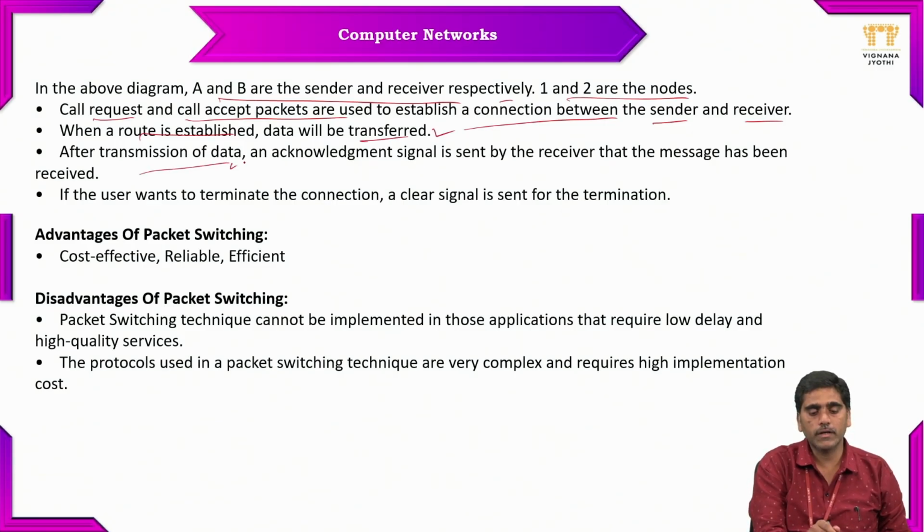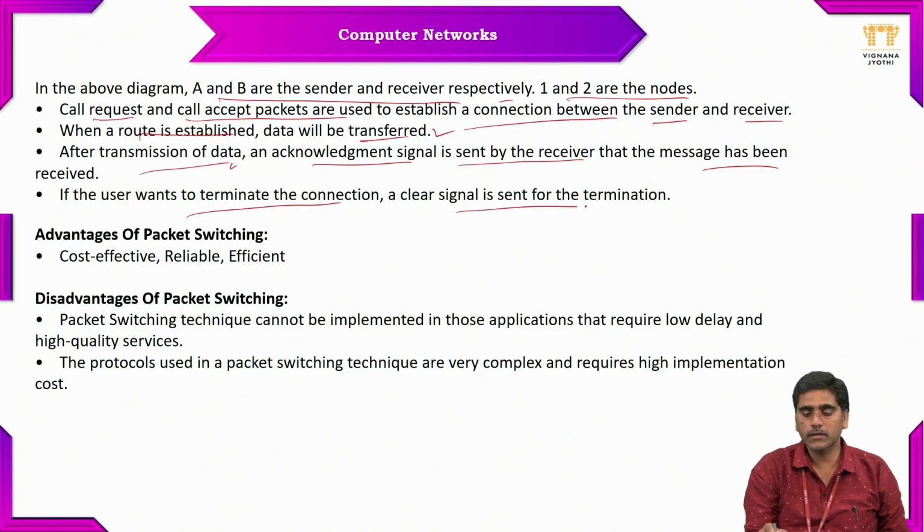After transmission of data, an acknowledgement signal is sent by the receiver that the message has been received. If the user wants to terminate the connection, a clear signal is sent for the termination. That is the principle the diagram shows.